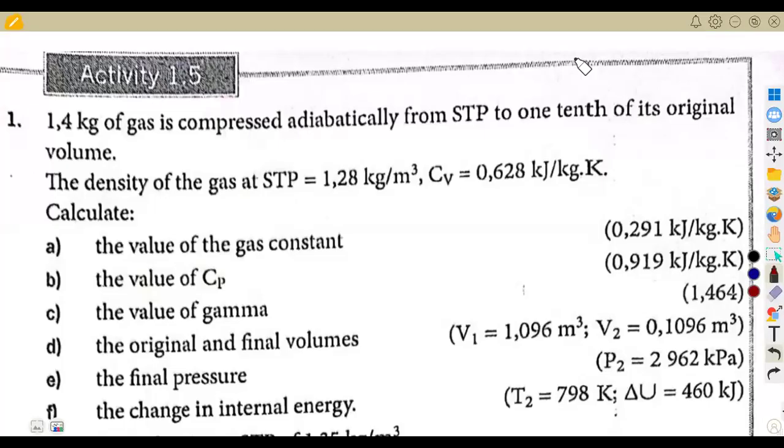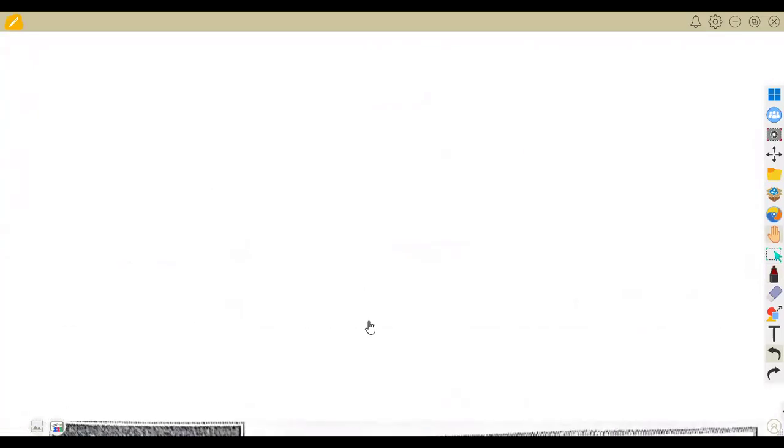Now that we have covered everything about our gases, from the introduction to all the processes that are required, there is still another part to be talked about, which is a continuation from the previous case: the STP condition, the standard temperature and pressure.